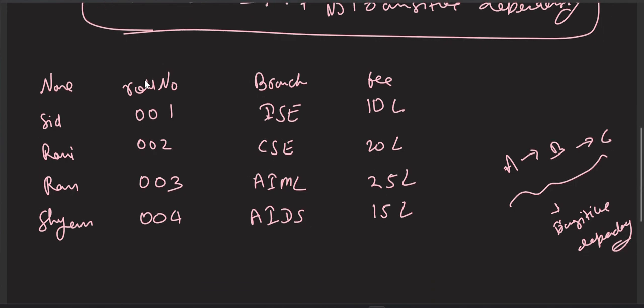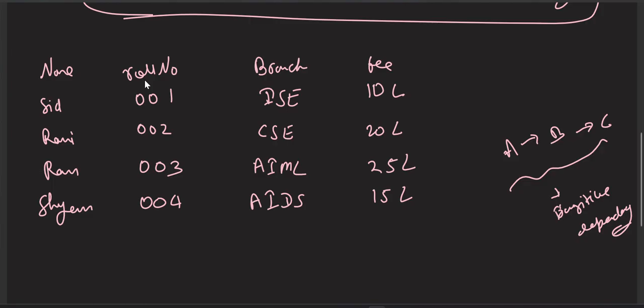So as much as I can see, the name is dependent on the roll number, and the branch is related to the fee, or you can say fee is dependent on the branch, because for each branch there are different fees categorized. Okay, so here we can observe there is some transitive dependency.